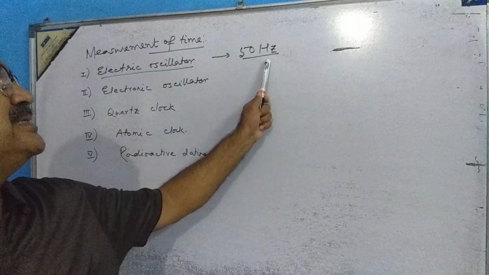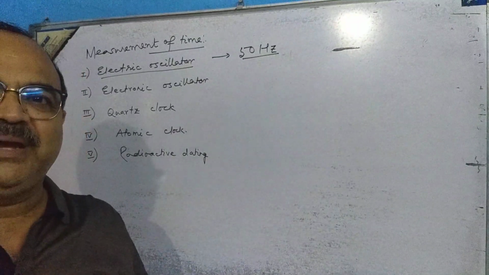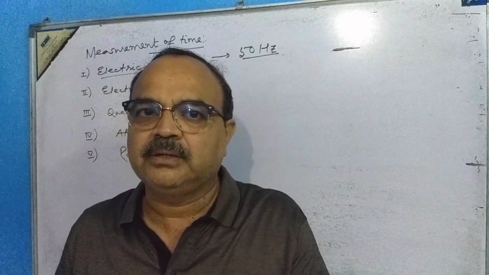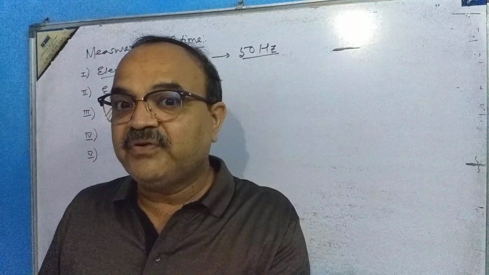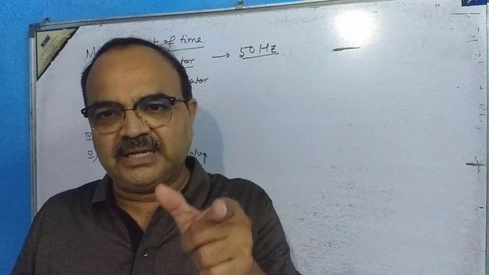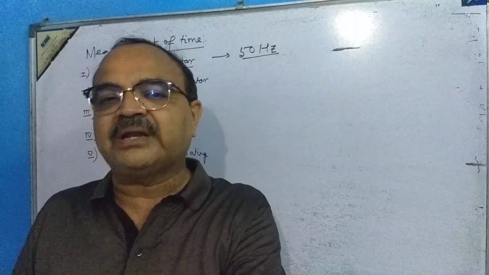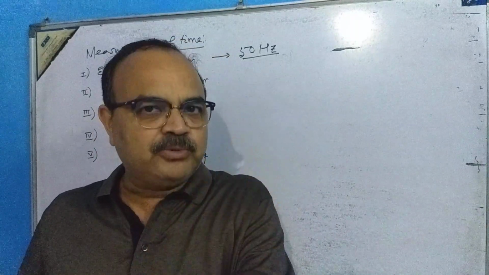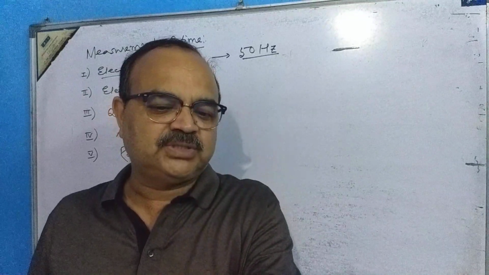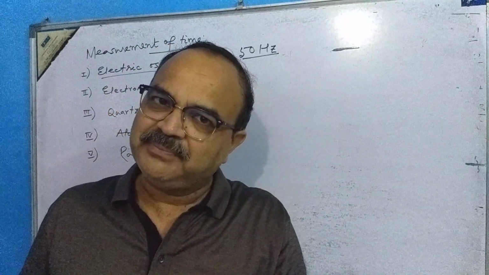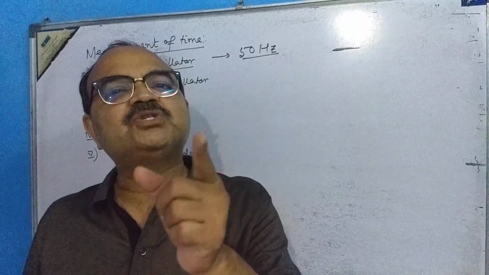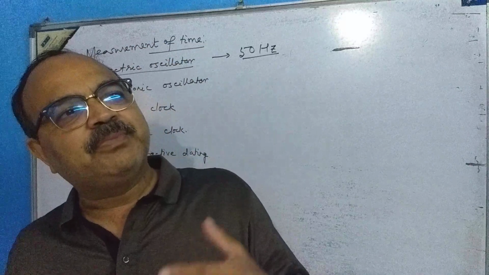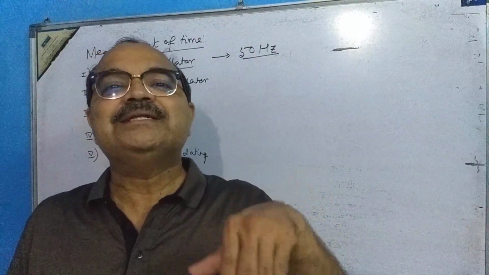In 1 second, the coil makes 50 revolutions. So by counting the number of revolutions, we can measure the time. Would you follow me? This technique is called the electric oscillator, which is mainly used in the AC generators.